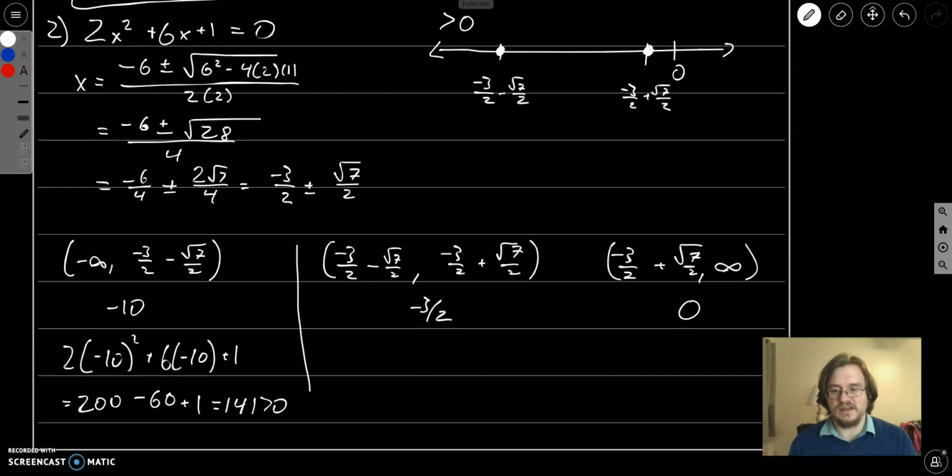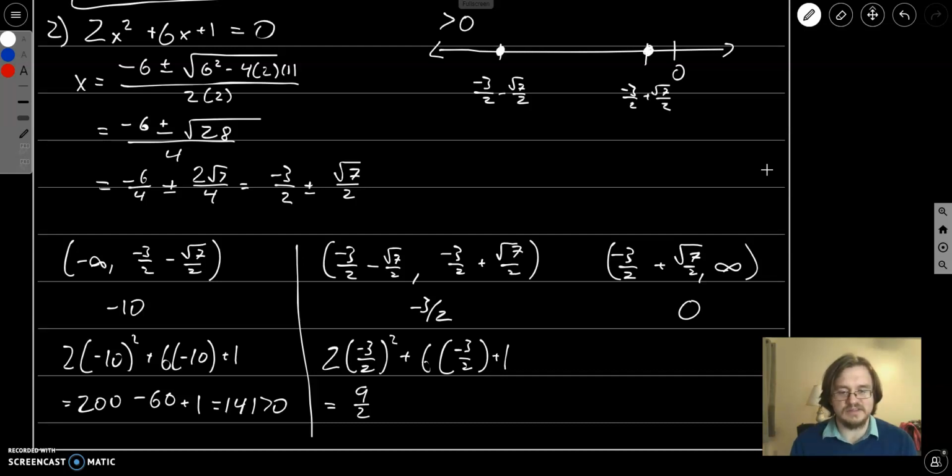In between, if I plug in negative 3 halves, 2 times negative 3 halves squared plus, let's see here, 6 times negative 3 halves plus 1. And what do we get? Negative 3 halves squared, well, on the top of the fraction we'll have 9, and on the bottom of the fraction we'll have 4, but I can cancel the 2 out. So this will be 9 halves.